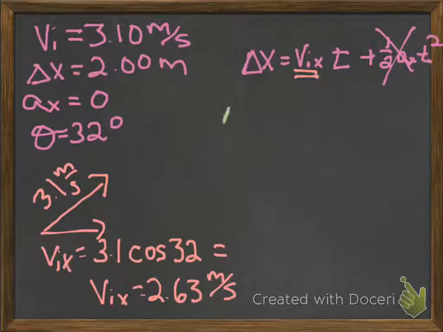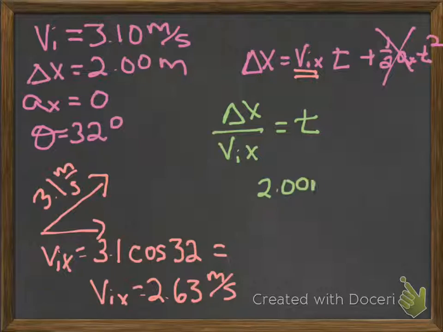Now let's put in what we know and find ourselves a time. So that is delta x over vix is going to give me my time. That means we have 2.00 meters over 2.63 meters per second.